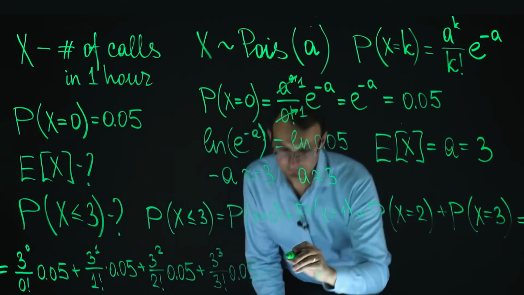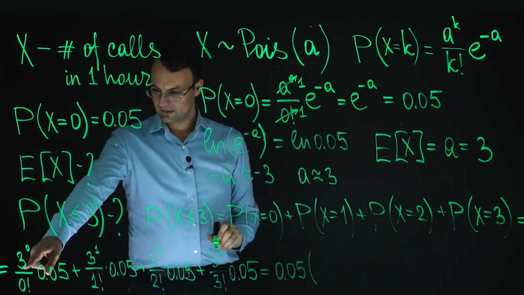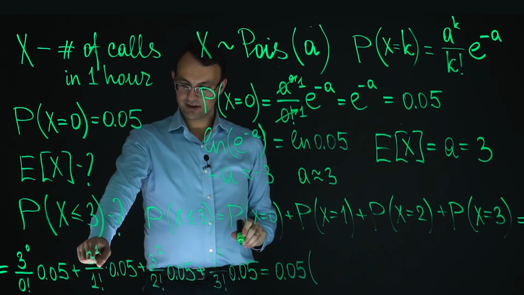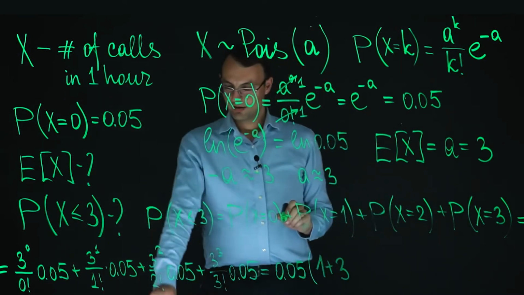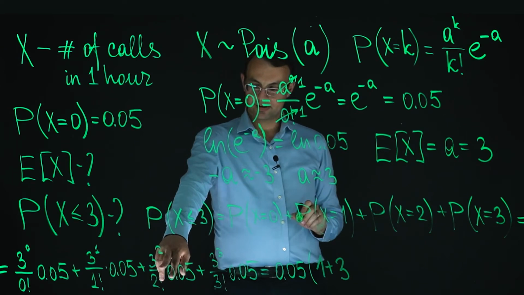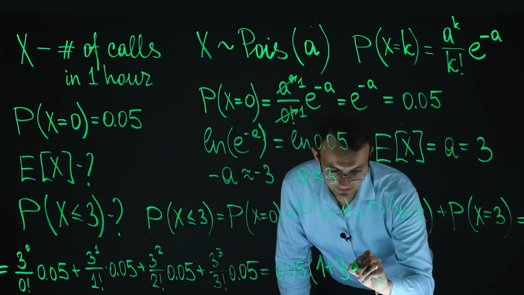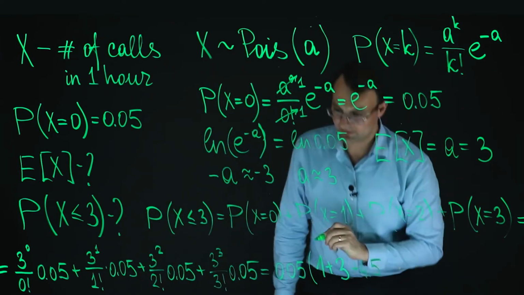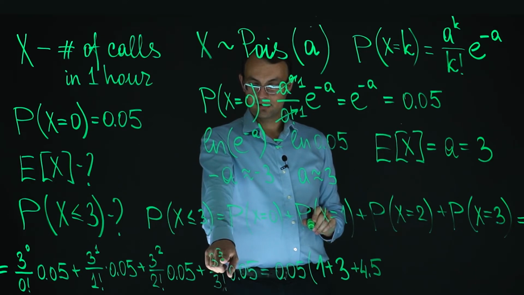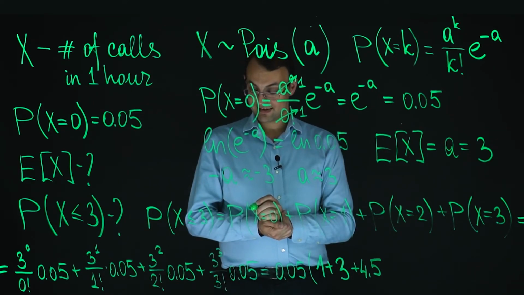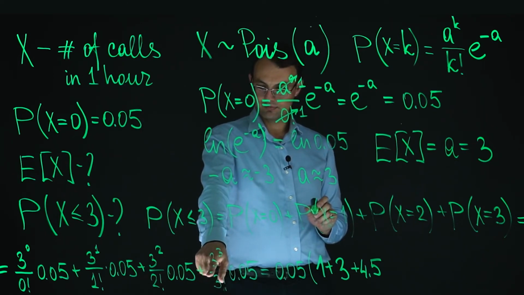So this is 0.05, and here I have 1 plus 3 divided by 1, 3, plus 3 squared, that is 9, divided by 2 factorial, that is 2, 9 over 2, that is 4.5, and here 3 cubed, that is 27, 27 divided by 3 factorial, that is also 9 over 2, by the way.